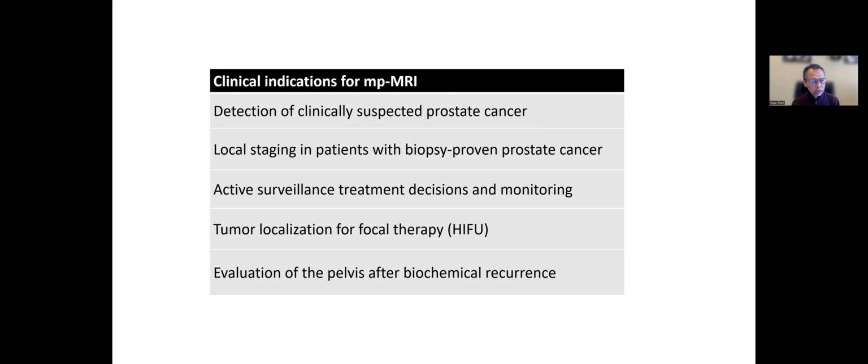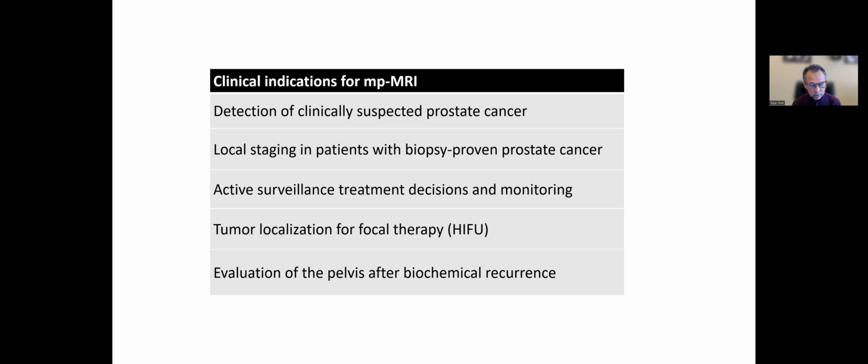So this table shows you various clinical indications for multiparametric MRI. The most important one that I discussed with you is when you are suspecting a clinically significant prostate cancer in a patient. Once prostate cancer is diagnosed, another important component of reporting is the staging parameters. Every MRI report would indicate some degree of suspicion for extraprostatic extension and seminal vesicle invasion.